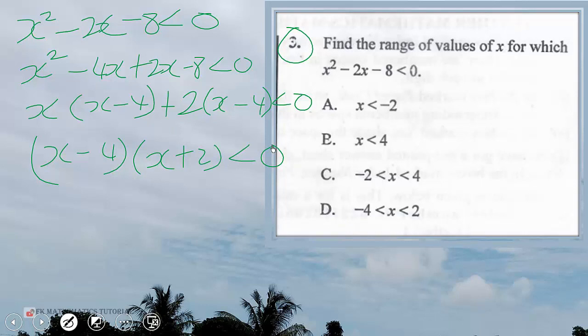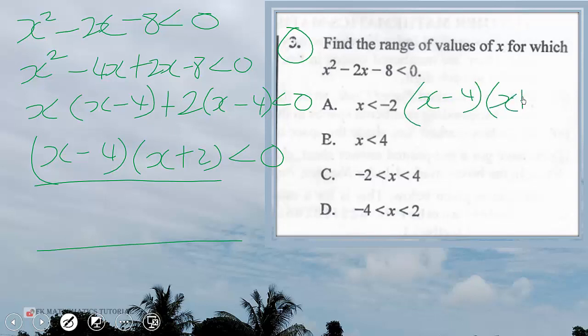Now this is where we test for the values of the solution. So we can quickly sketch the number line. When we solve the corresponding equation, x minus 4 into bracket x plus 2, we get x is equal to positive 4 or x is equal to negative 2. So negative 2 will be here and positive 4 will be here.